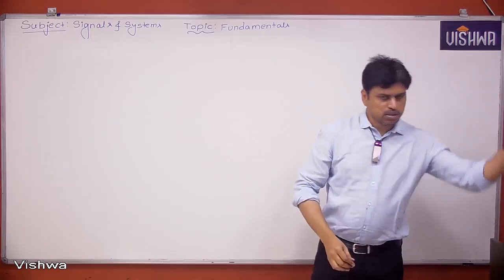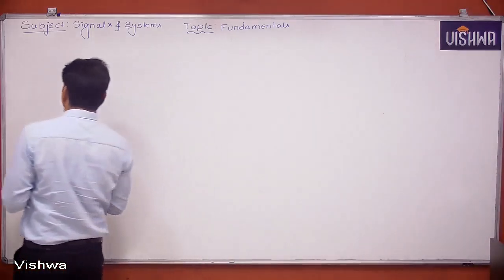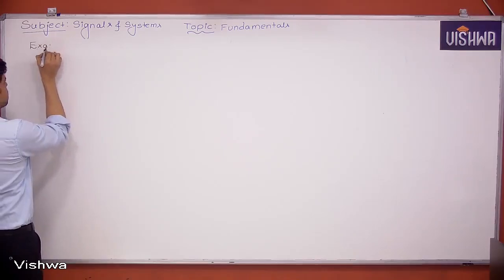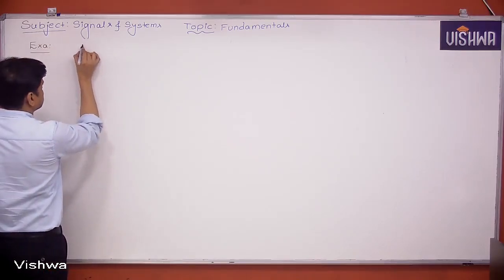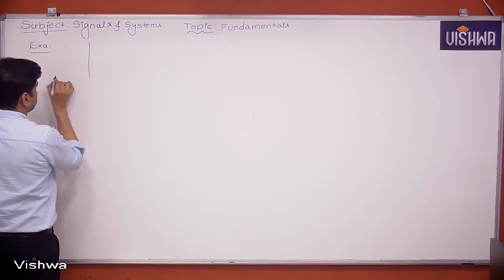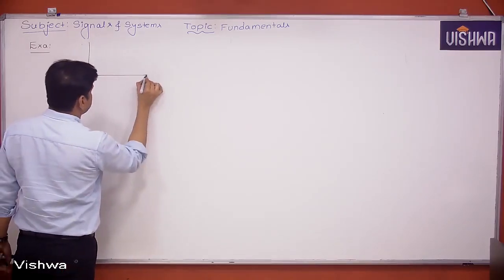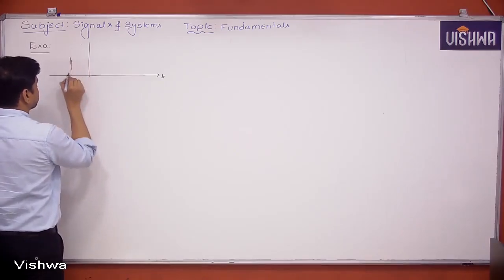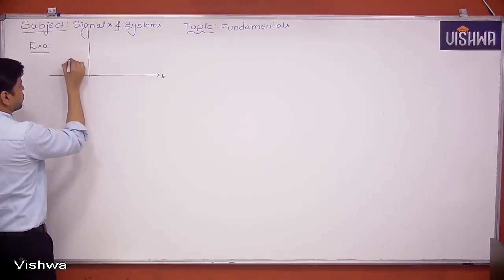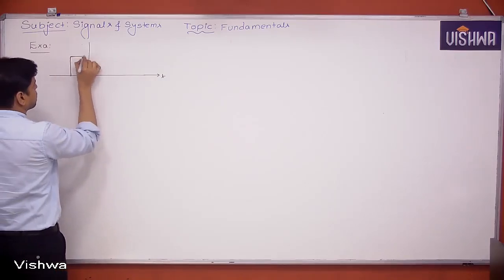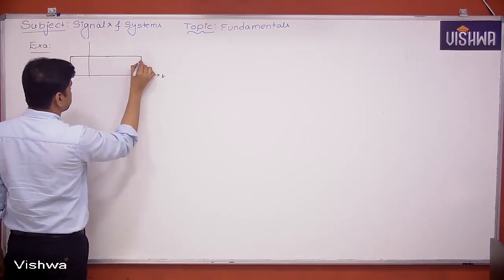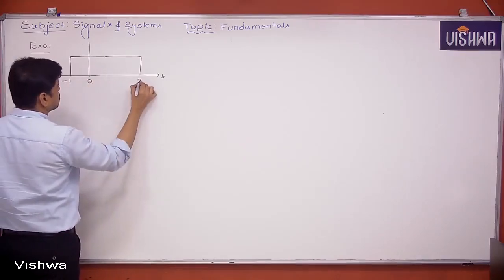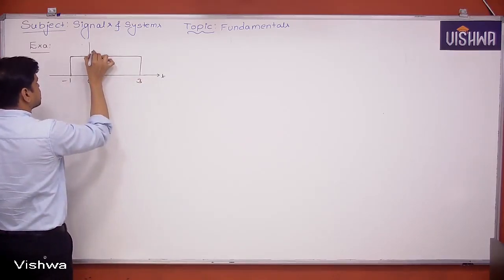Okay. Let's see one example. You can understand how to apply the multiple operations. X of t is given like this, let's say minus 1 to 3, whose amplitude is, let's say, 1.